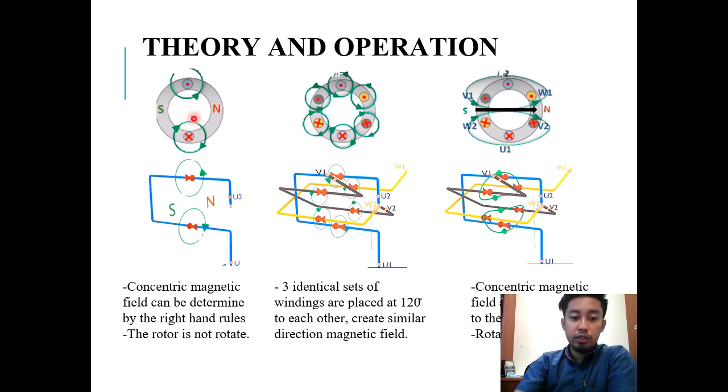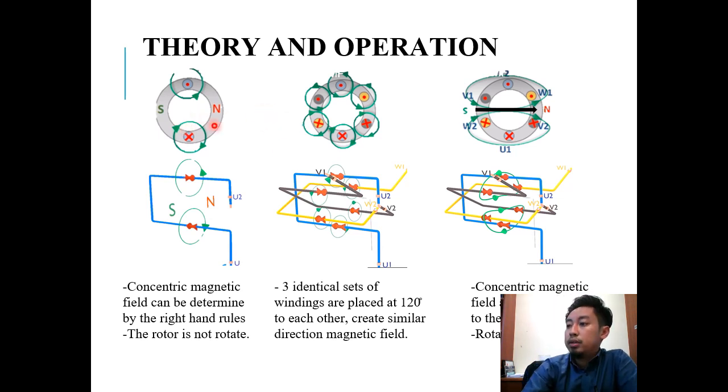For the cross, the current goes inside, so the rotation of the magnetic field will be clockwise. For the current from inside to outside, the field will be counterclockwise.